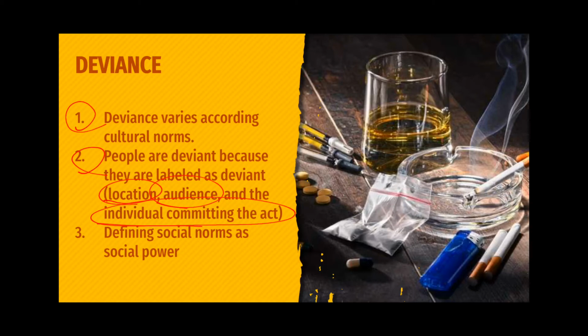And we also understand that deviance is based on social norms. And defining what those social norms are is related to who holds social power.